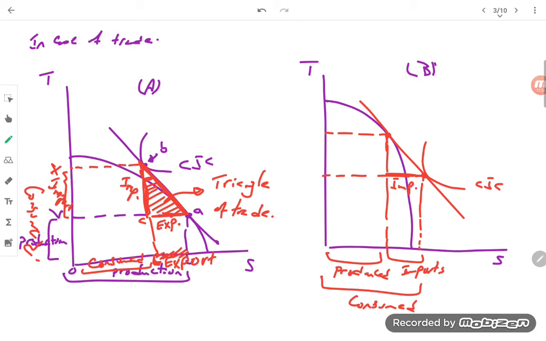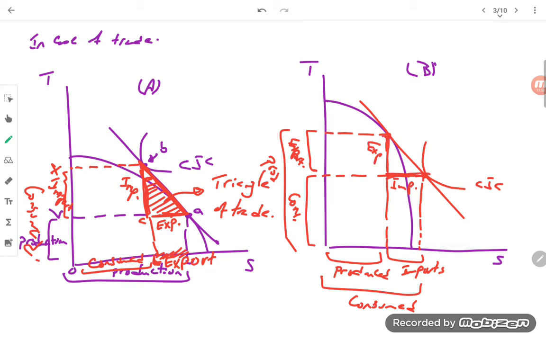With respect to textile, this is the total production of textile, and this is the total consumption of textile. So we have excess production, or excess supply, by this area that can be exported to other countries. So this is the export.